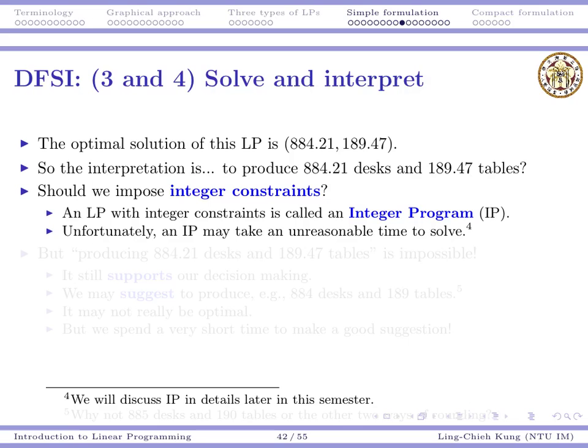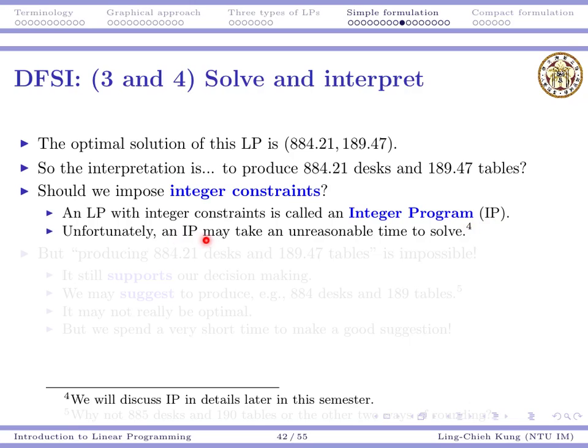Unfortunately, there are two things. First, if we put integer constraints on a linear program, that program becomes an integer program, and in general, an integer program may be too hard to be solved. If you have a linear program, the solver you have can solve almost any linear program in a short time.